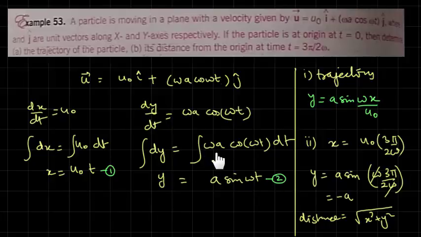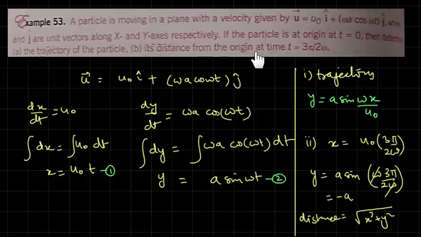The integration of cos omega t is 1 by omega sin omega t, so omega cancels and it remains a sin omega t. Now we have relations between x and t, and y and t, and for the trajectory we need to remove the variable t from both equations. This gives y equal to a sin omega x by u naught. This is our equation of trajectory.